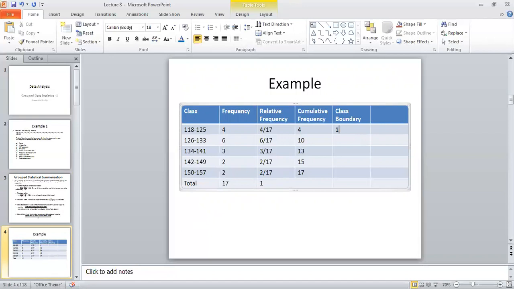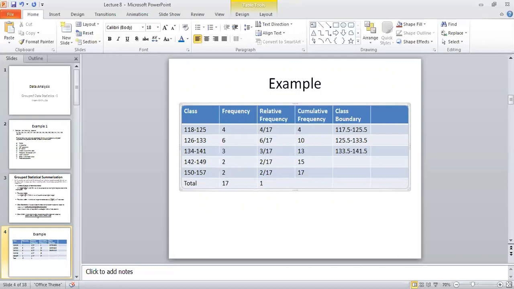So the first class would become 117.5 to 125.5. Likewise, 126 minus 0.5 is 125.5, and the upper limit becomes 133.5. The next class is 133.5 to 141.5.